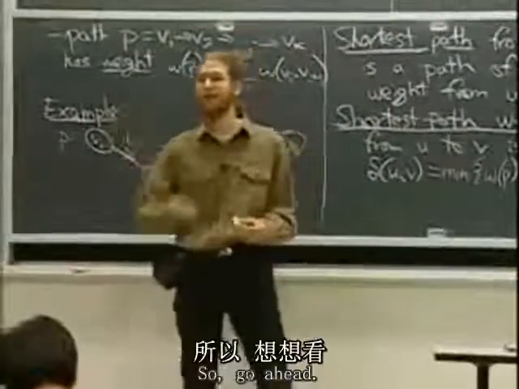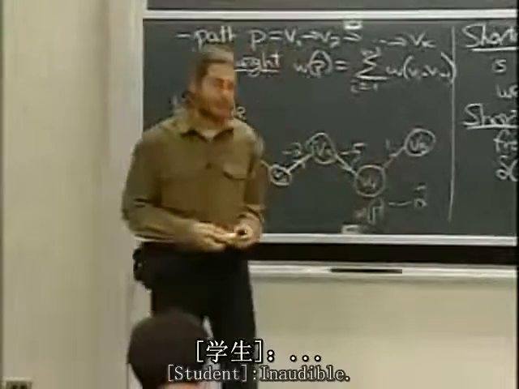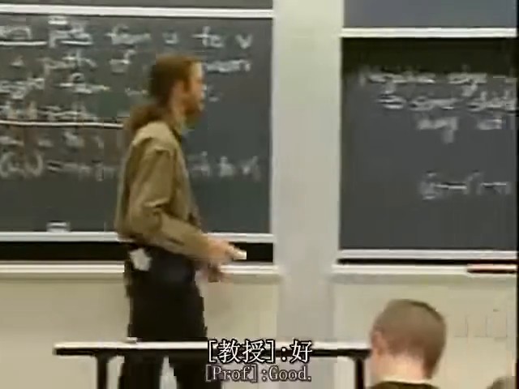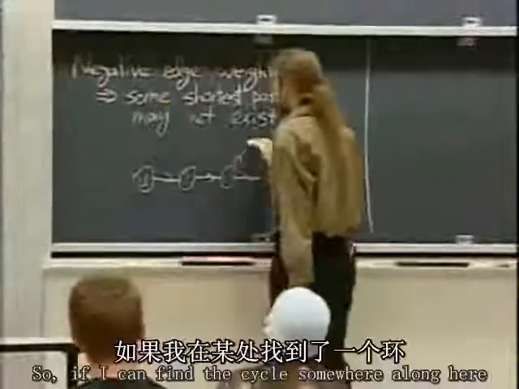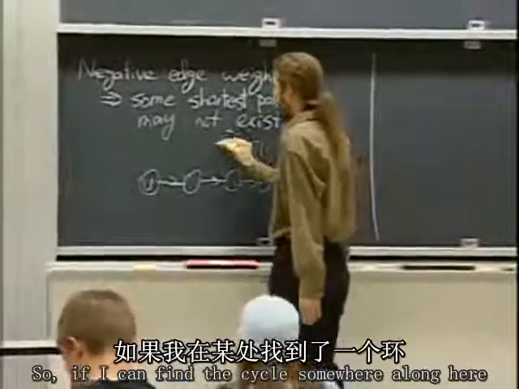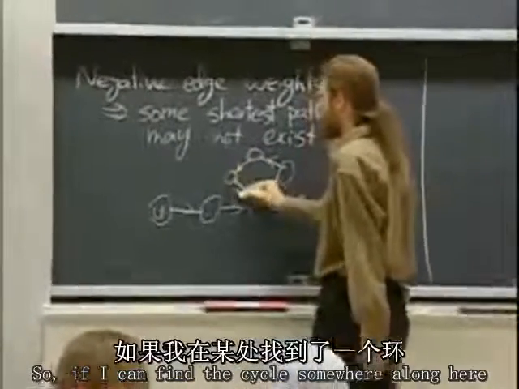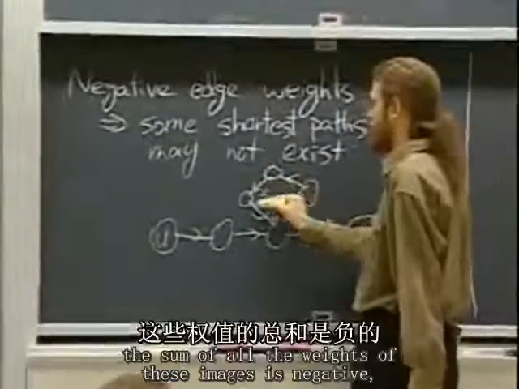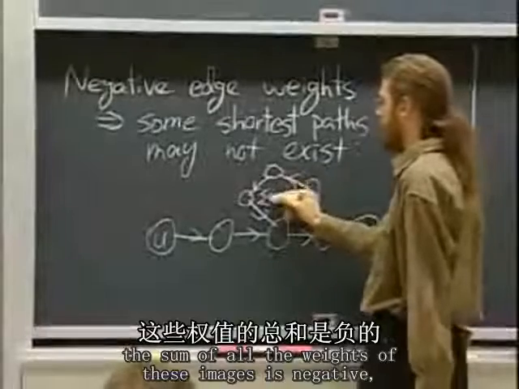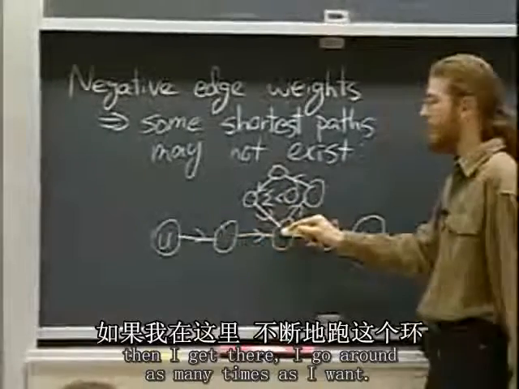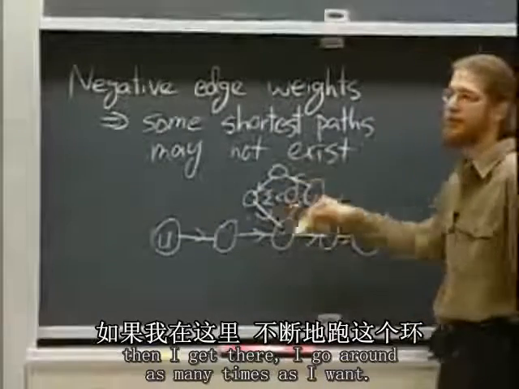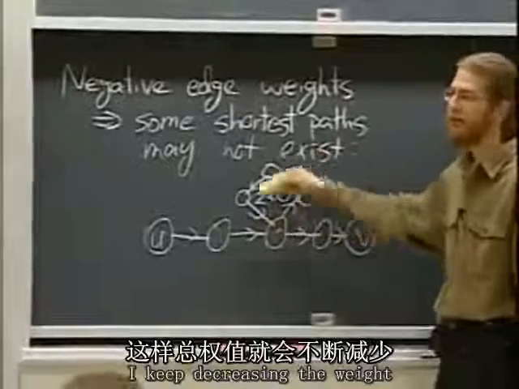So go ahead. If you can find a cycle that's negative weight, good, then you can go around it. If I can find a cycle somewhere along here whose total weight, the sum of all the weights of these edges, is negative, then as long as I get there, I go around as many times as I want. I keep decreasing the weight because the weight is negative.